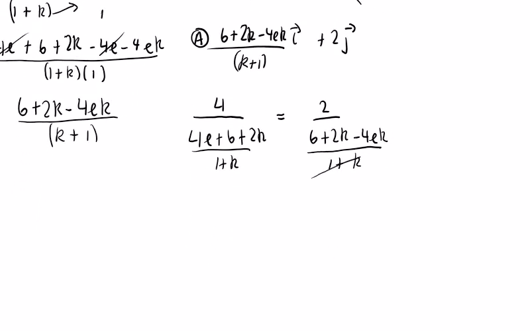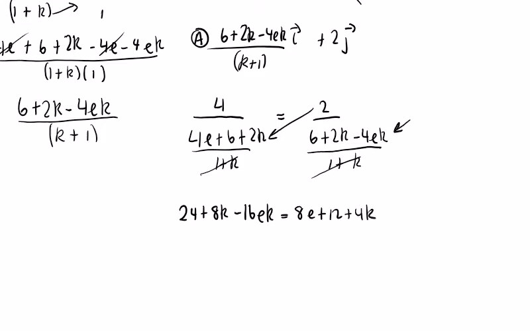So we can cancel our 1 plus k's and then cross multiply. So we get 4 by this one: 24 plus 8k minus 16ek is equal to 2 by this one: 8e plus 12 plus 4k.